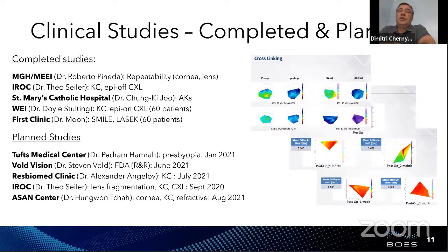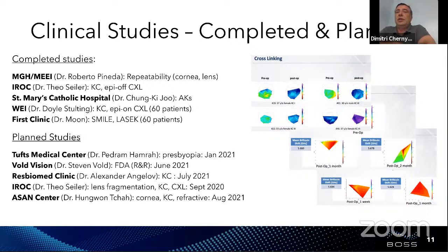And then the study I'll mention, which was one of the most recent studies, is the study with Dr. Stolting at Wolfson Eye Institute in Atlanta, where we used subjects that had keratoconus, and they underwent epi-on cross-linking procedure. We're doing multiple studies right now.